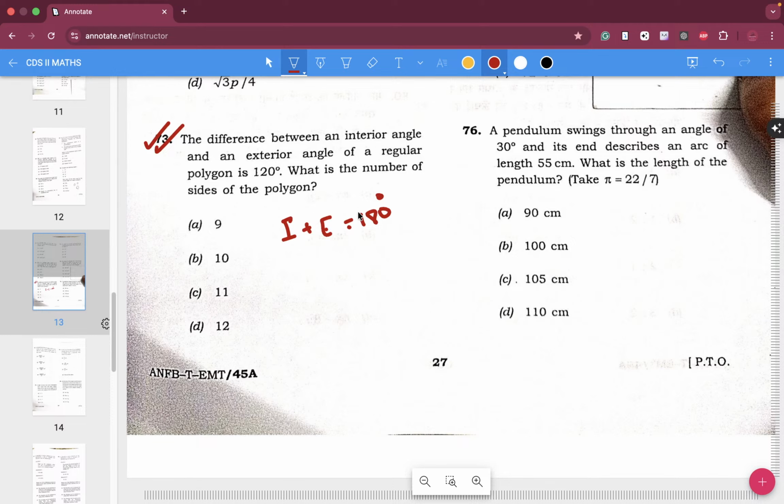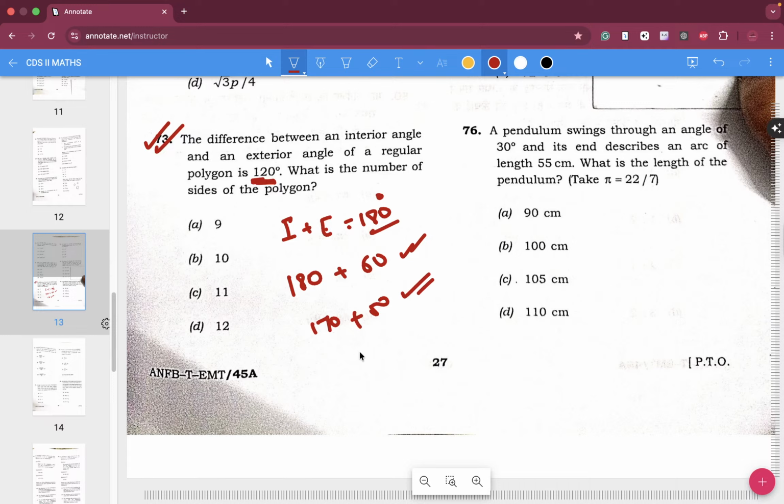If the difference has to be 120, then what? Will it be 180 and the other one has to be 60? Then the difference will be 120, but then the sum is not 180. 170 plus 50, how much is that?